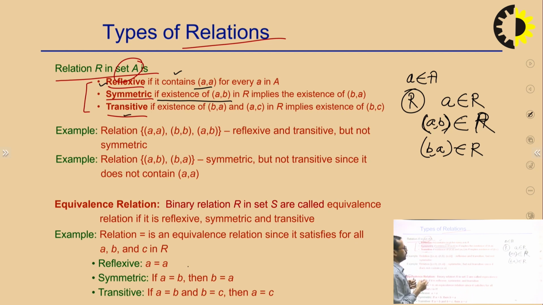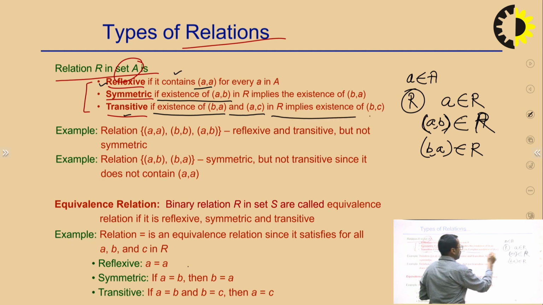For the transitive case, if the existence of (a, b) and (b, c) implies (a, c).